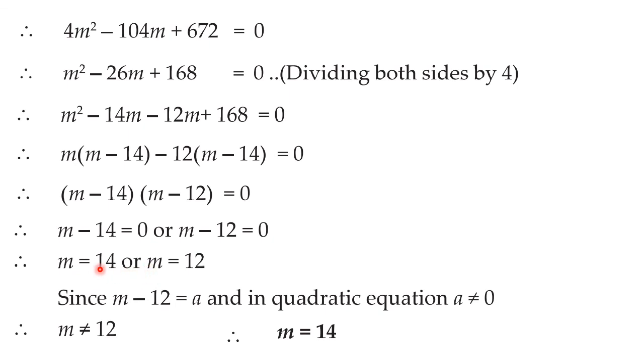Even though we are getting two values, we cannot accept m is equal to 12, because for m is equal to 12, the value of a becomes 0, which is not acceptable for the quadratic equation. Therefore m can have only one value, that is m is equal to 14.